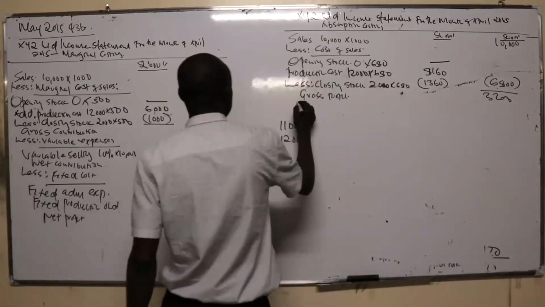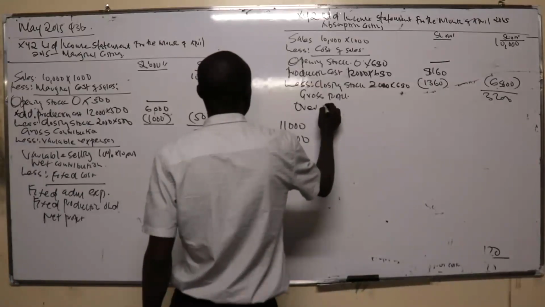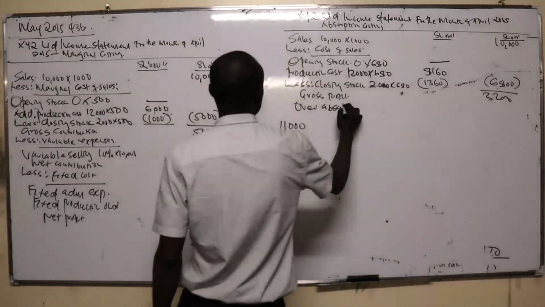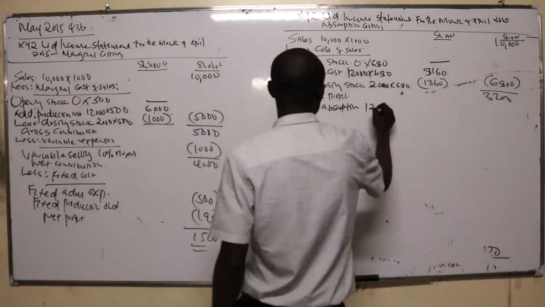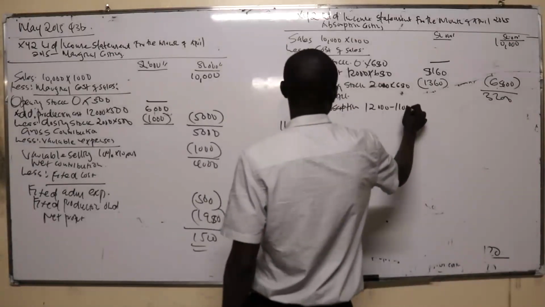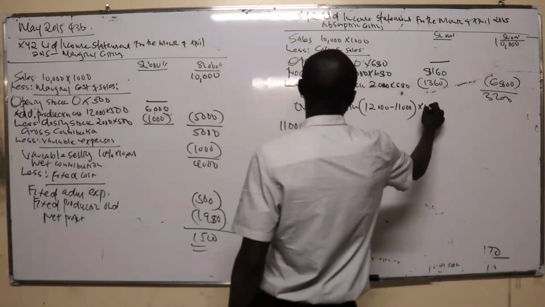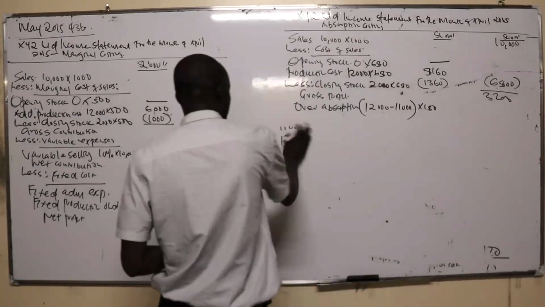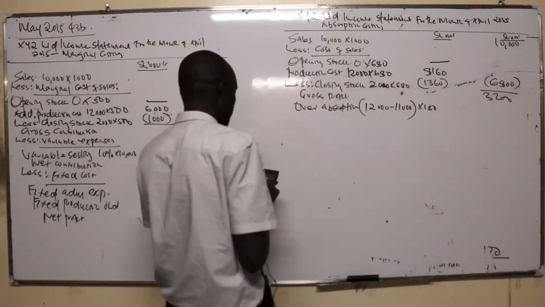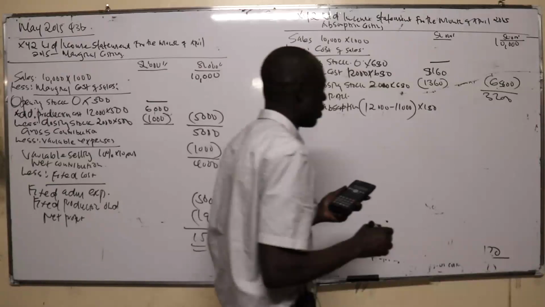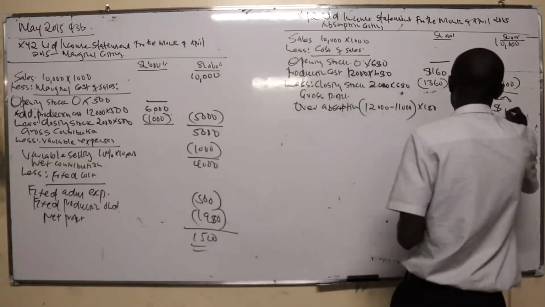So there's over absorption here. You take the actual, which is 12,000, minus the normal, which was 11,000, and then you multiply by the fixed production cost per unit, which is 180. So this one would be 1,000 times 180, which is 180,000. So you're going to add here 180.